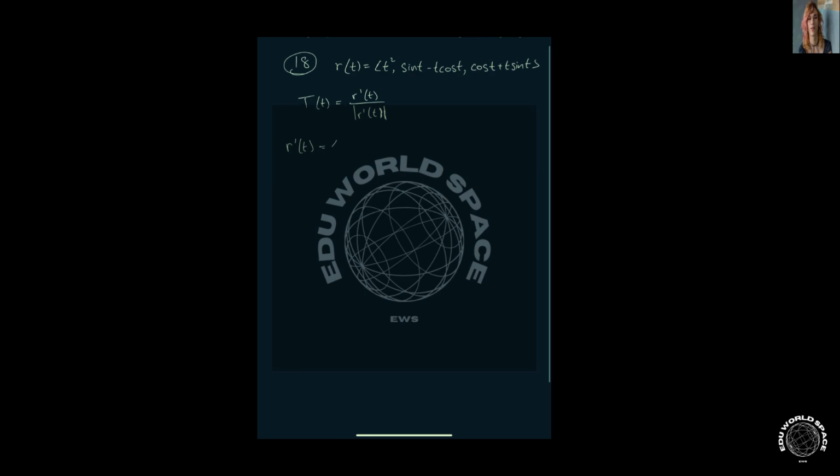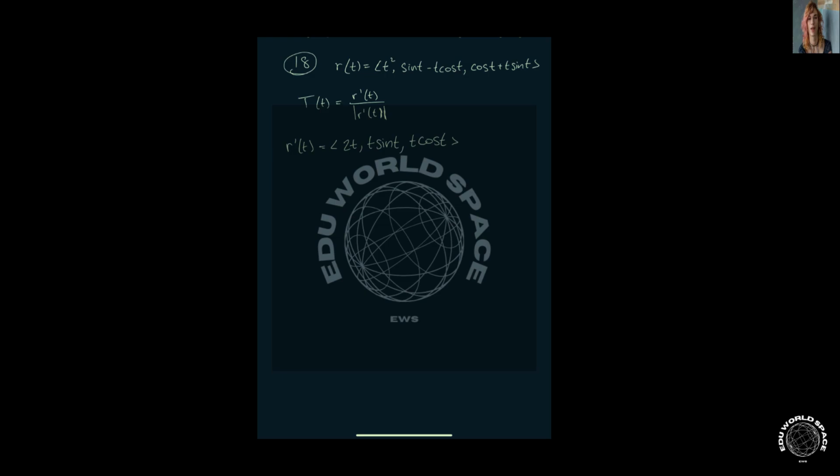So what we'll end up getting as a result is that this is equal to 2t, t sine t, t cosine t. So that's what we have for that.